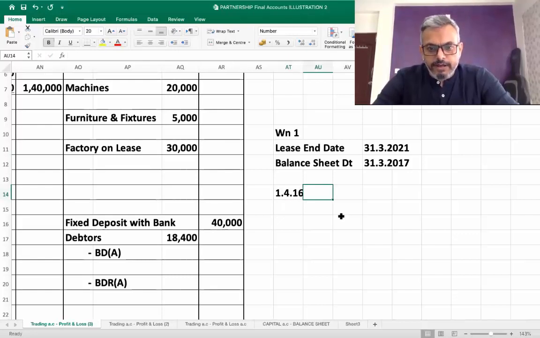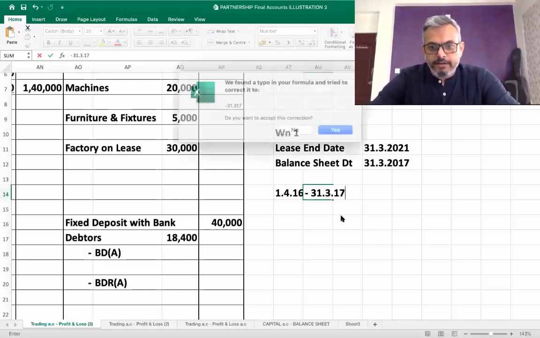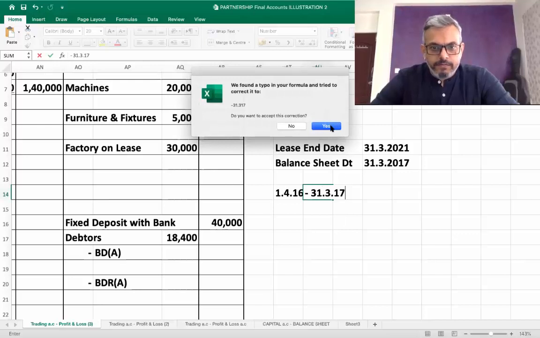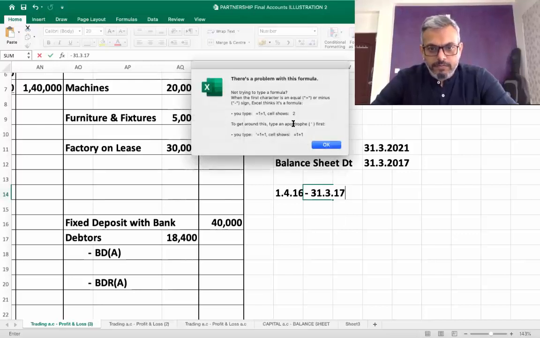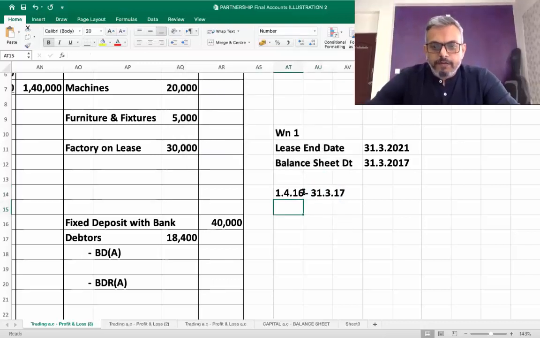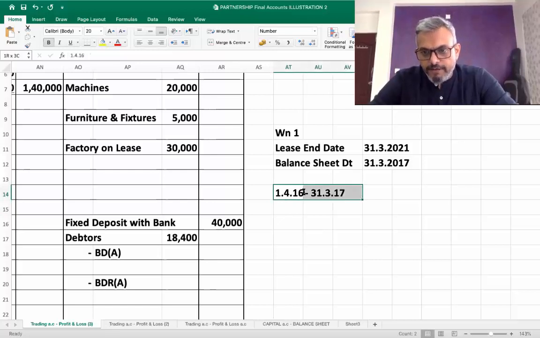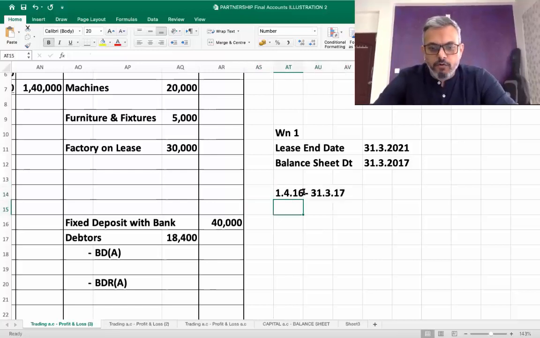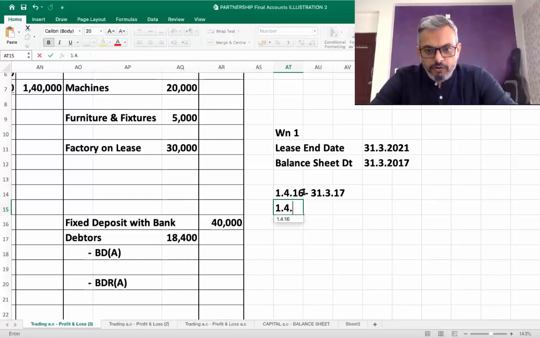So the year runs from 1/4/2016 to 31/3/2017. This is the year where we have used the building. Now we have to go to 1/4/2017.